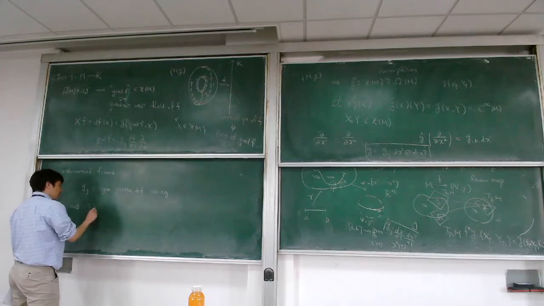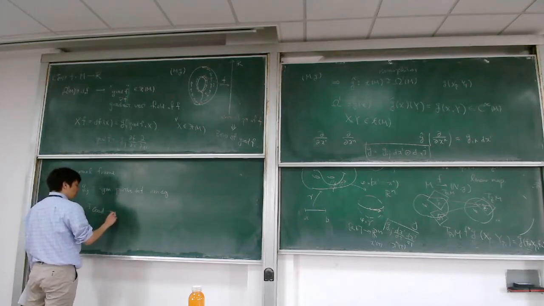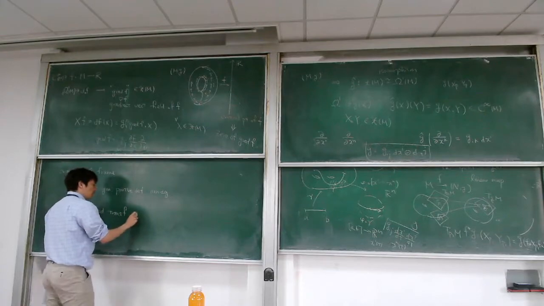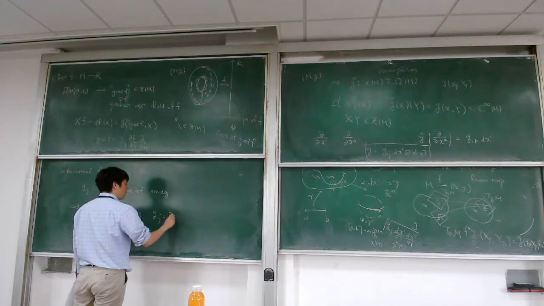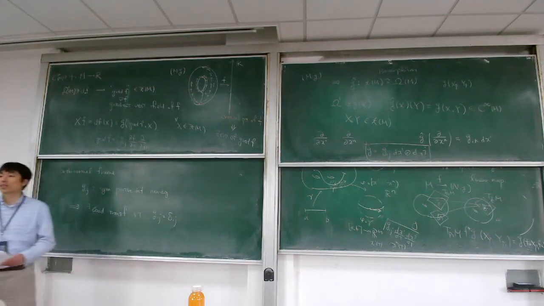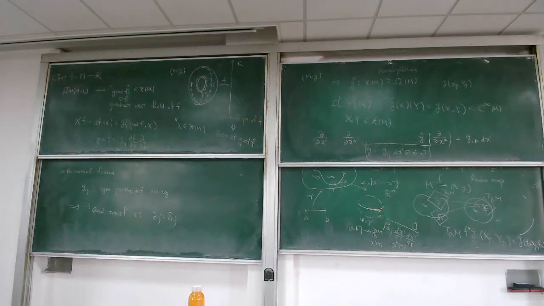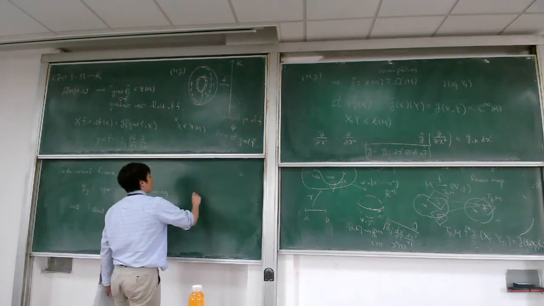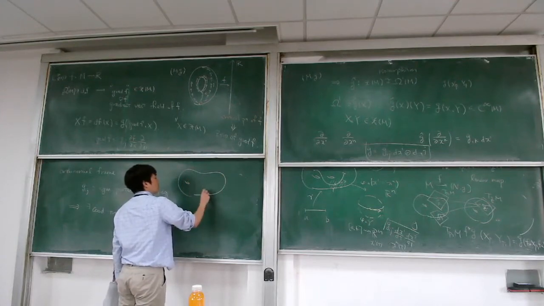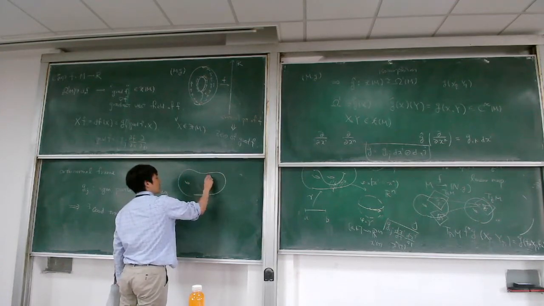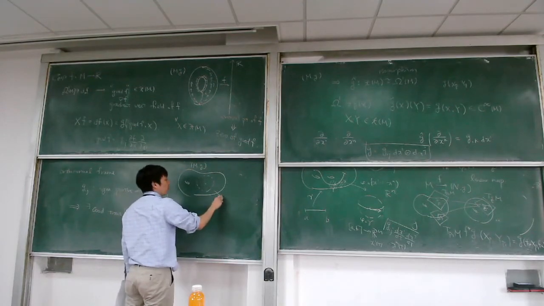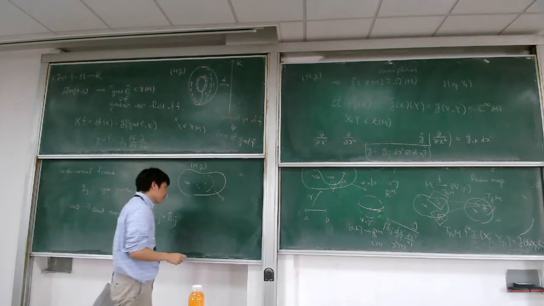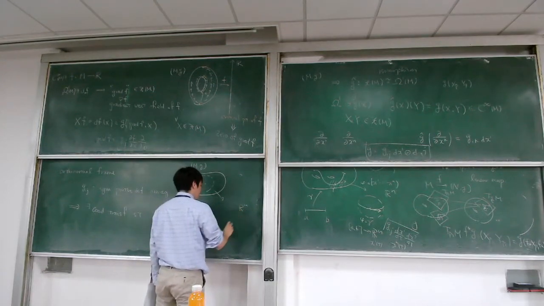There exists a coordinate transformation such that g_ij is equal to delta_ij. Roughly speaking, there is a point P on the manifold (M, g), and a map from here to Rn.